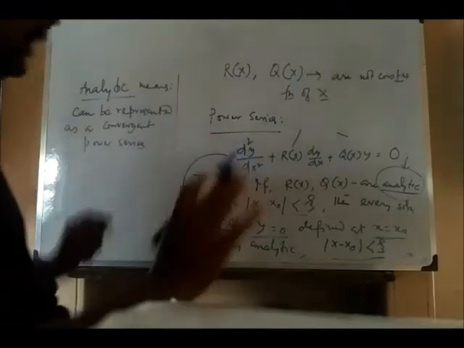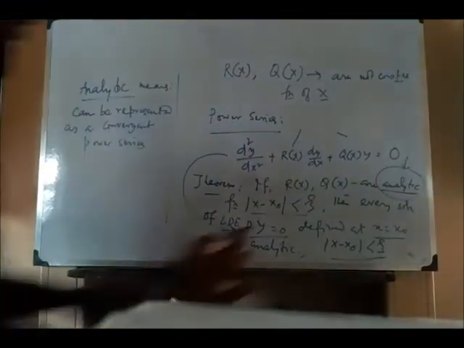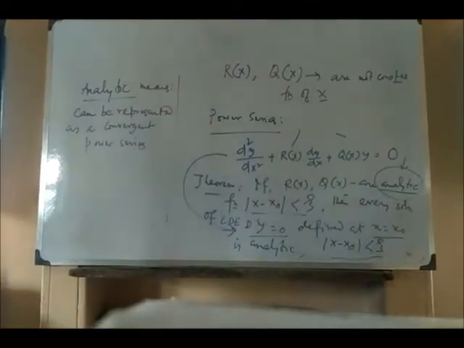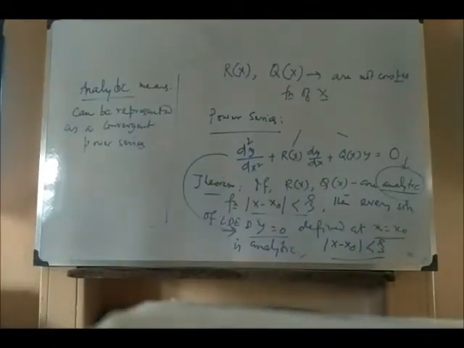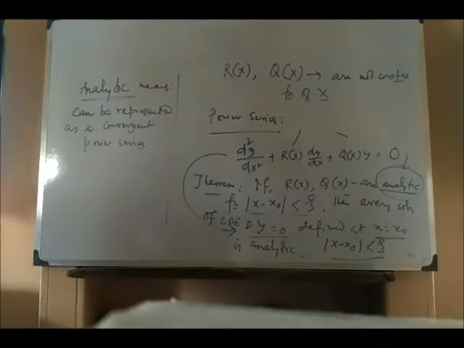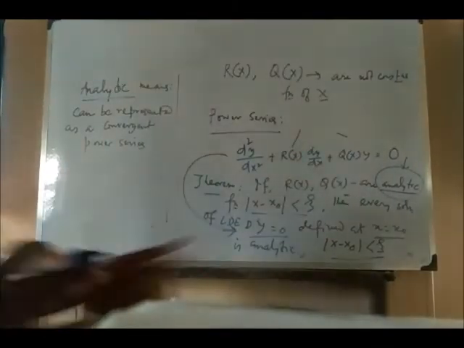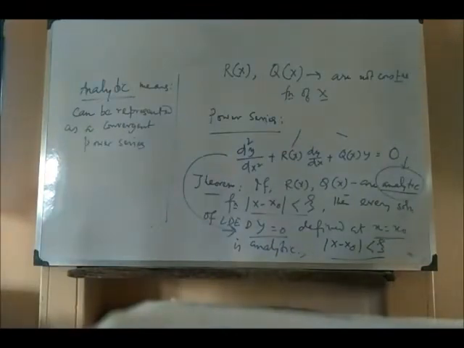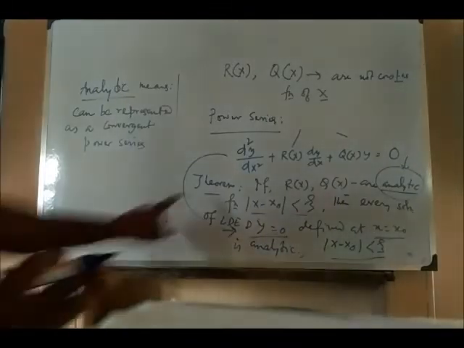We have already learned that if R(x) and Q(x) are constant, then there will be no problem with the continuity of that function. But if R(x) and Q(x) are continuous, then there will always be some general solution. So this is the proposition of this theorem.